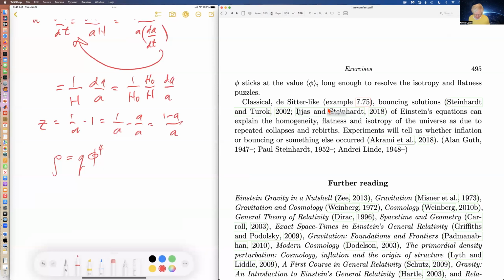And another possibility, in fact, I remember being at dinner with some theorists 50 years ago when we were talking about the possibility of a quantum fluctuation creating the universe.